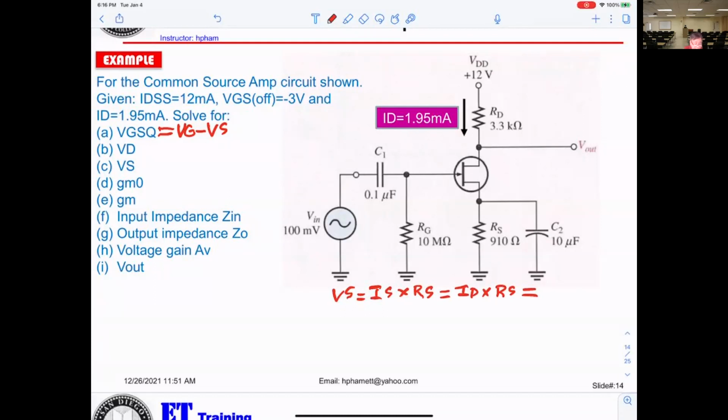So you get the answer for number A. Is it right? I want the answer for number A.